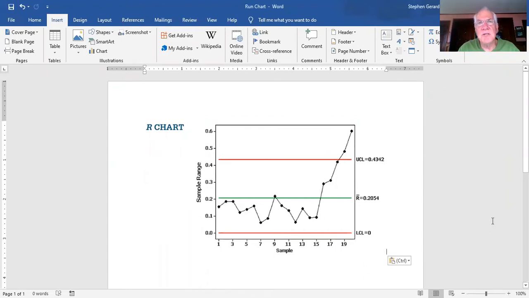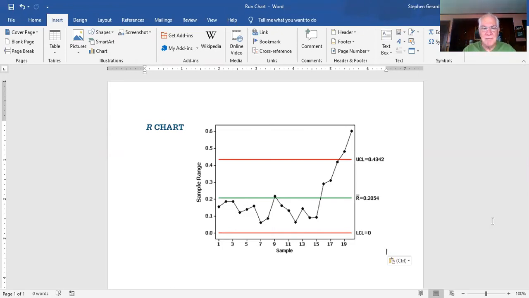These are used specifically in two major areas. One is manufacturing and the other is healthcare. It's of some variable that's important to you that you're measuring over and over again. You're either taking samples, or you're taking a daily sample, or you're checking something on some regular basis.